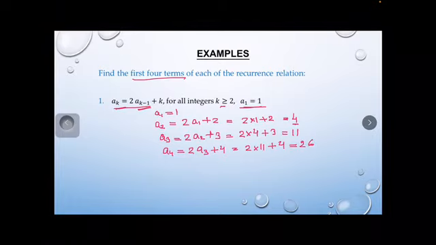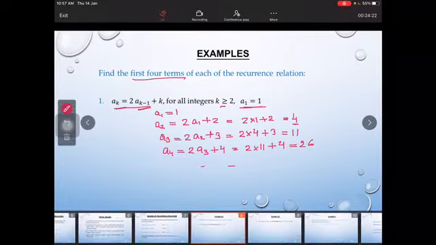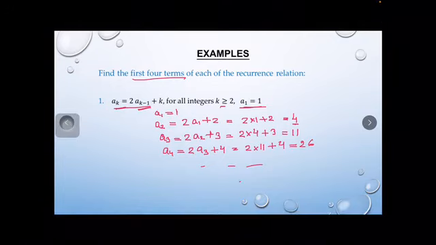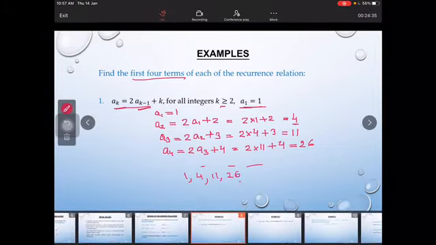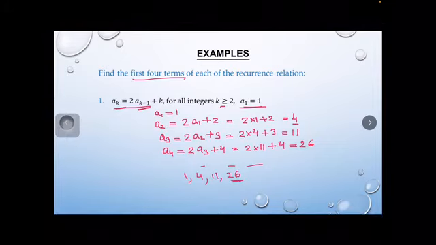Like that you can find all the terms, but here we need only the first 4 terms: 1, 4, 11 and 26. Clear? So like that you have to find the terms.